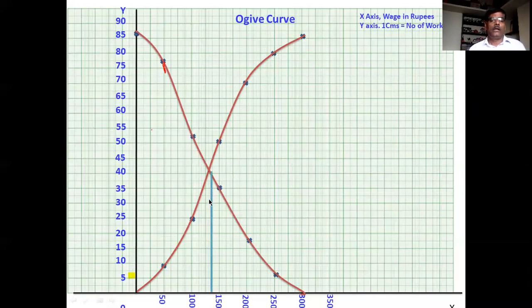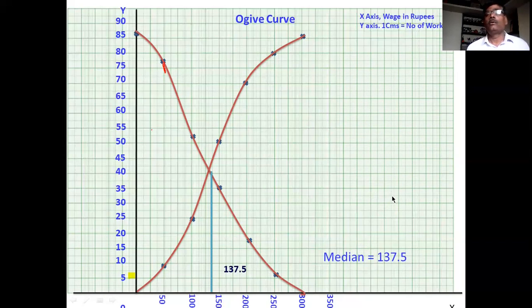This is the perpendicular line from the two intersecting lines, and where this line touches is the value of the median. It is in between 100 and 150. The middle is 125, but it is in between 125 and 150, and I think it is nearly 137. I consider that as the median. In this way, you have to calculate the median. Therefore, the median is equal to 137.5.